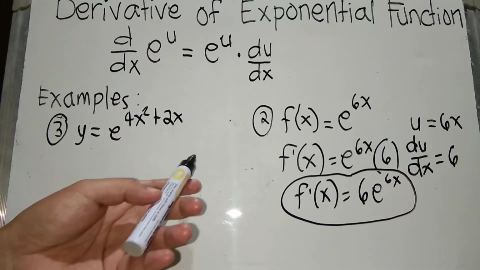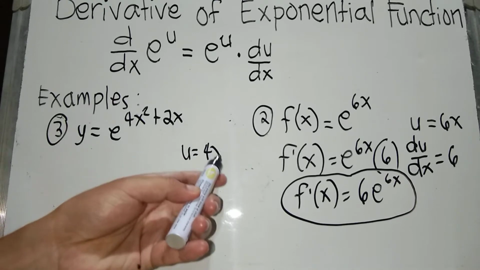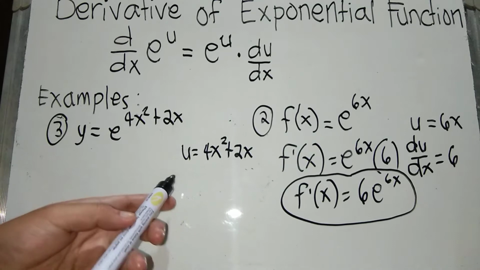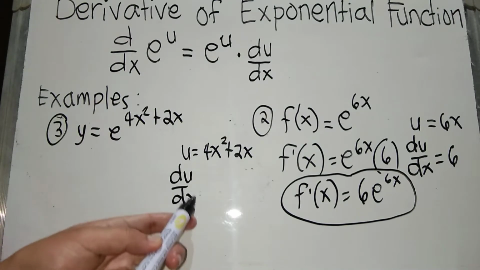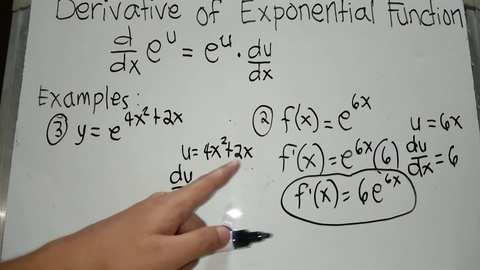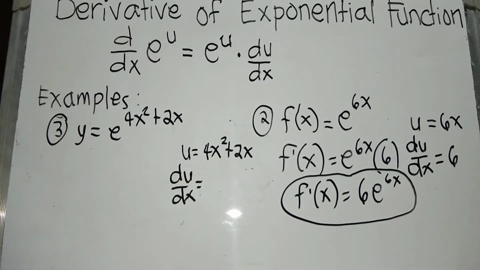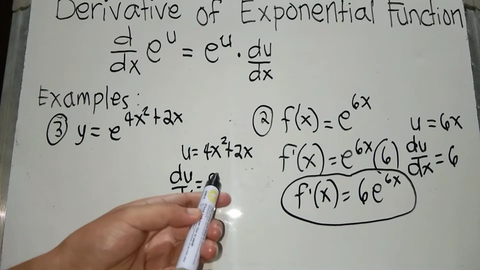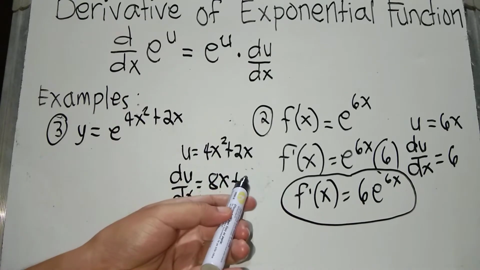Our u here is now equal to 4x squared plus 2x. So in finding the derivative of our u with respect to x, we will be following the sum rule, wherein we are going to get the derivative of every term of our function. So the derivative of the first term would be 8x, and the derivative of our second term is 2.